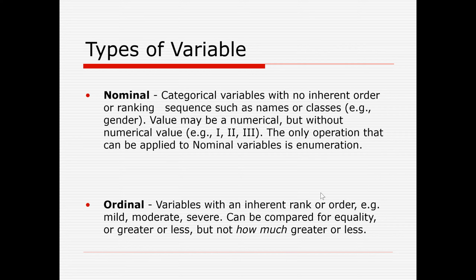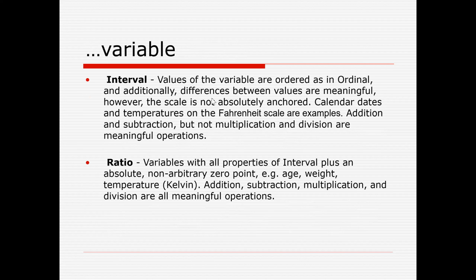While when you come to ordinal, you have them in rank. Mild, moderate, severe. And you can compare in terms of equality, greater than, less than. Those are ordinal. So we describe them as type of variable. We also describe it as scale of measuring variables. Please don't get confused. We are still saying the same thing.